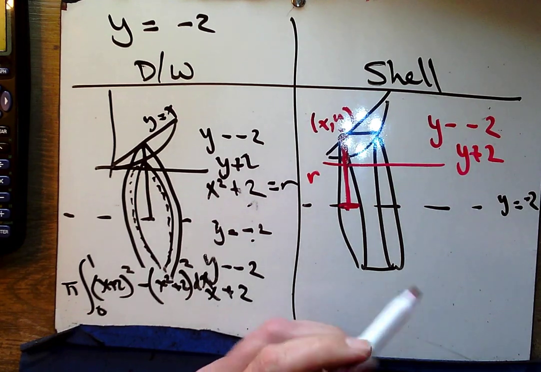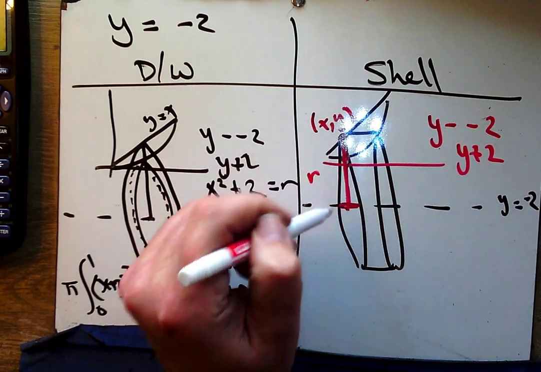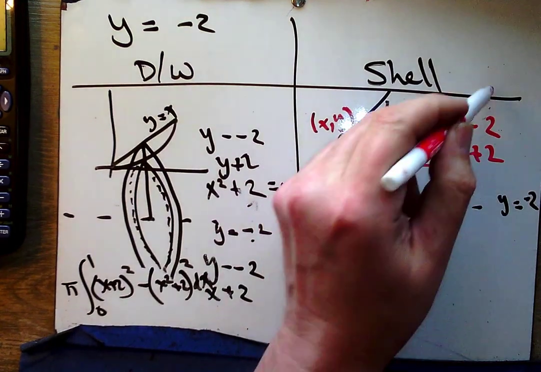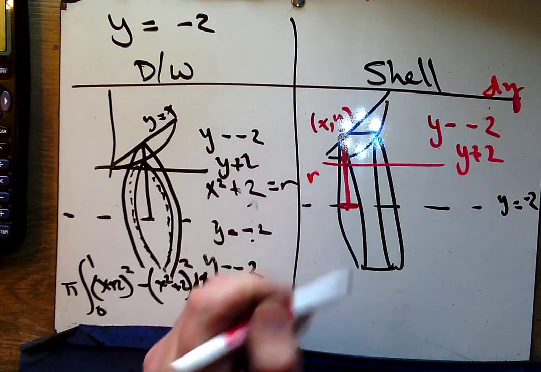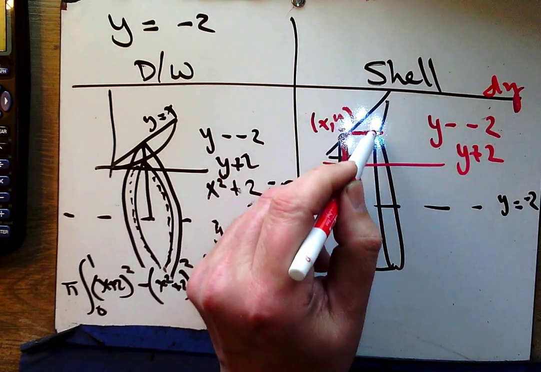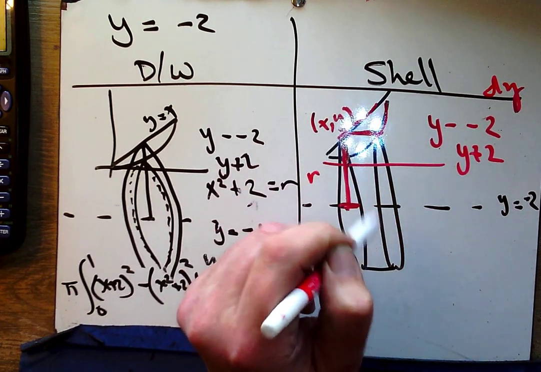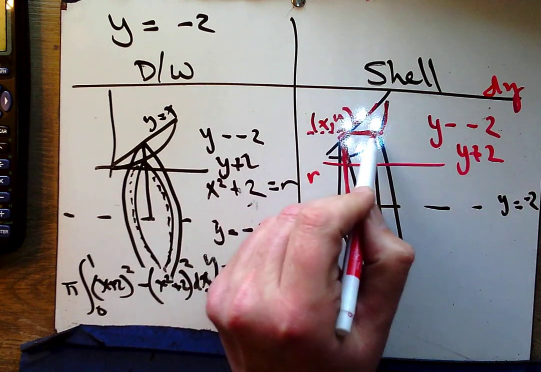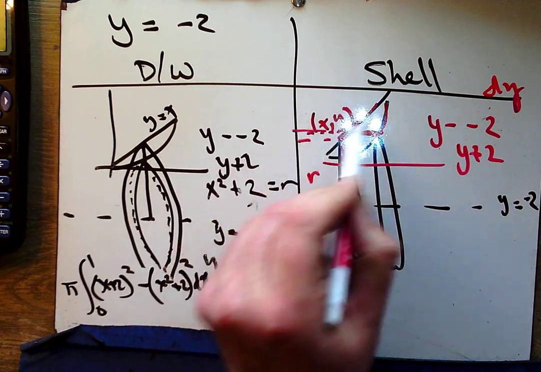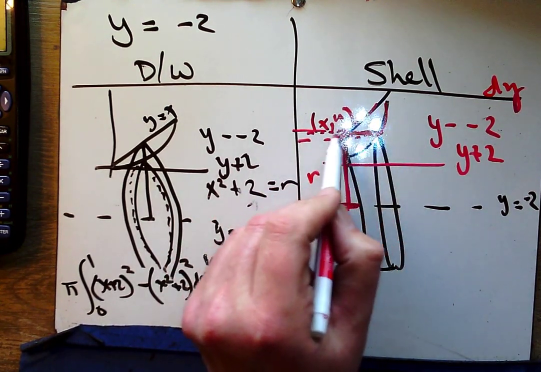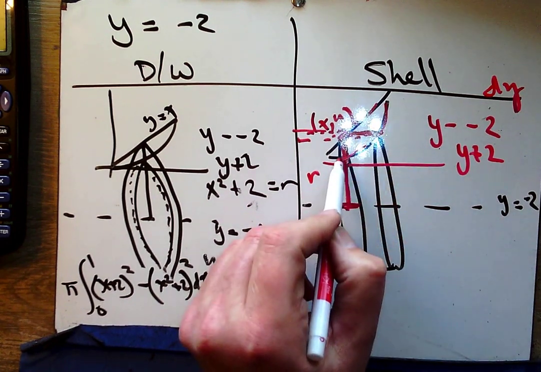Okay, so that's fabulous for radius because this is a dy shell. Now what about height? Well, height is going to be right minus left. And I'm seeing these as x values. This is the x value that goes with this curve, and this is the x value that goes with that curve.